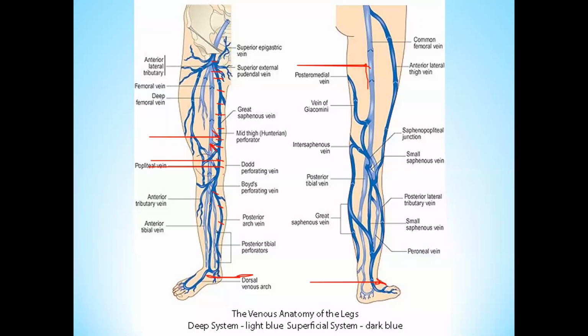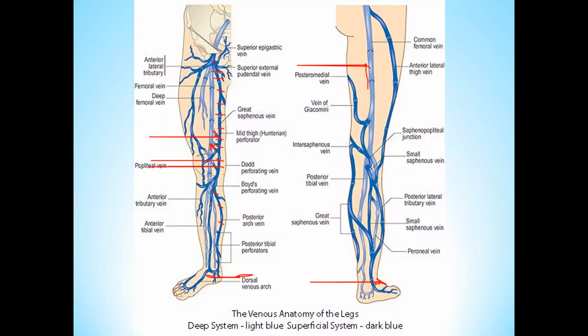In that case, the perforator will be incompetent, but there will be no concomitant deep vein thrombosis. That's why the blood will not continuously flow from deep to superficial.